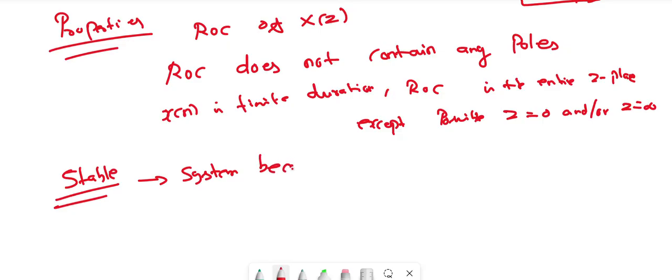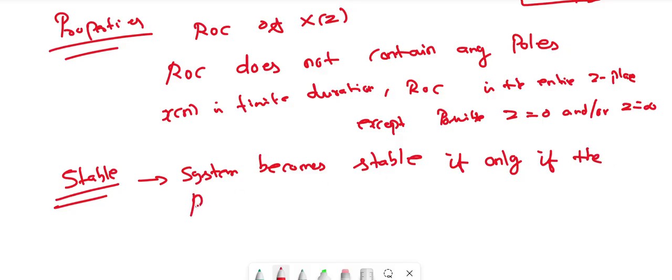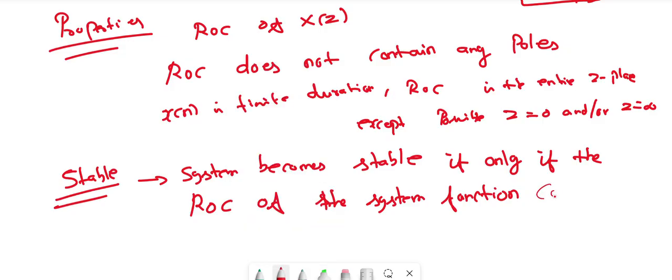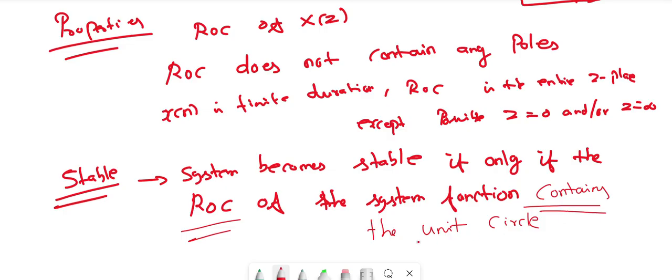The system becomes stable if and only if the ROC of the system function contains the unit circle.